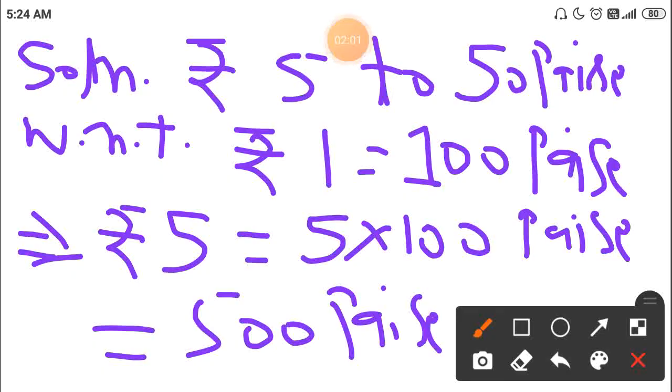Now we can calculate it, because rupees 5 is converted into 500 paise, and 500 paise and 50 paise both have the same unit, paise. So now it is possible to derive the ratio between these quantities.